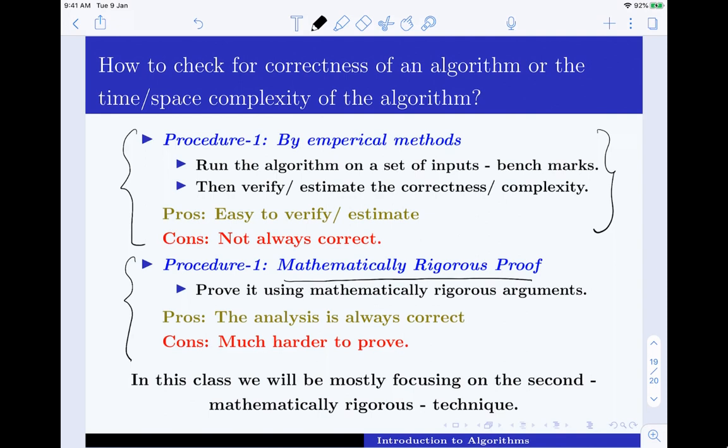As I told you, for many of the complicated algorithms that are now there in neural networks and various other high level machine learning problems, we don't have the mathematical power to analyze them. We don't understand them well enough to analyze neither their correctness nor their runtime. So this gives us a major dilemma.